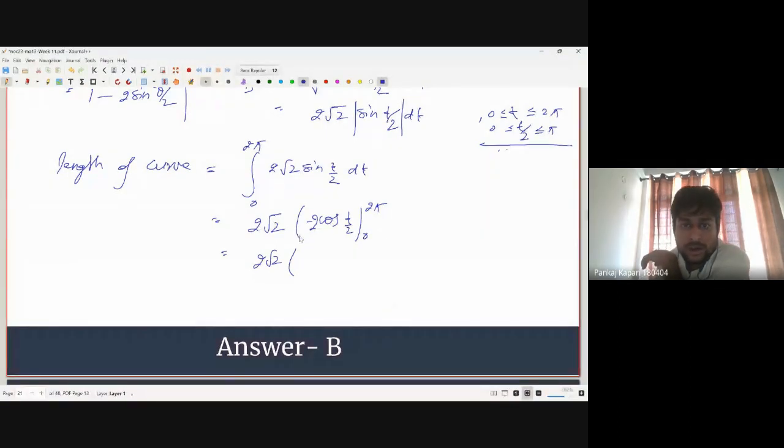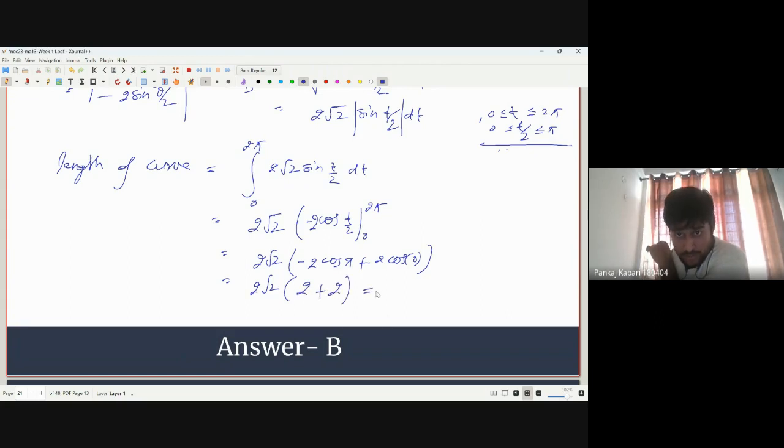Minus 2 we also can take outside, but it's fine. So minus 2 times cos of 2 pi by 2, which is cos of pi, plus twice cos of 0. Cos pi is minus 1, so it becomes 2, and cos 0 is 1, so it also becomes 2. 2 plus 2 is 4, 4 times 2 is 8, so this is 8 root 2.